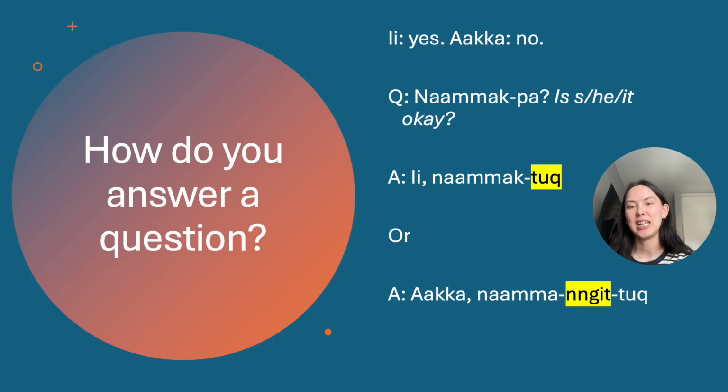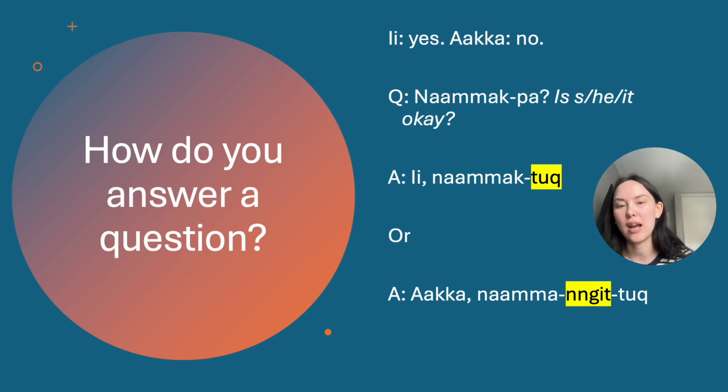If the answer is no, here is where we get into those middle pieces. We're gonna say akka namangitok. So ngit is kind of like saying not. So if you speak French, we have ne pas. In English, we say not. In Inuktitut, we add ngit into the middle, and that means not. So one quick rule for ngit is it has to come after a vowel.